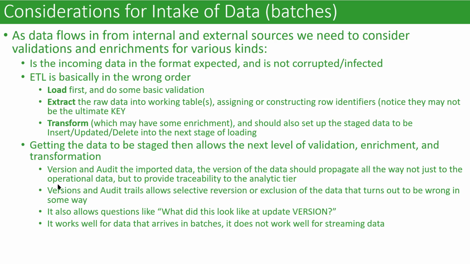It could be data coming from partners. It could be data coming from third parties. It could be data that you're purchasing, but essentially batch-oriented data. And the other kind of data we're going to talk about is stream-oriented data, and we'll get to that in a few minutes.